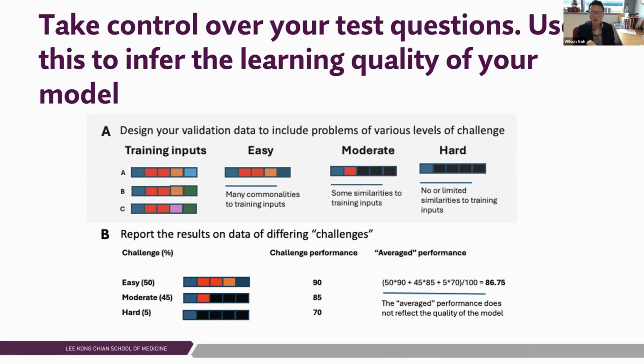So you can use design to guide your interpretation of what the performance metric really means. And I also like to say that if you are going to design your problems, don't look just at the aggregate, because it is very difficult to find an even distribution of easy to moderate problems.